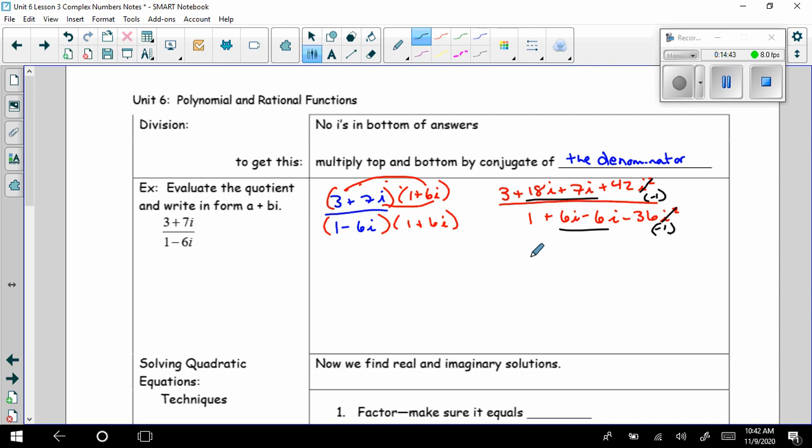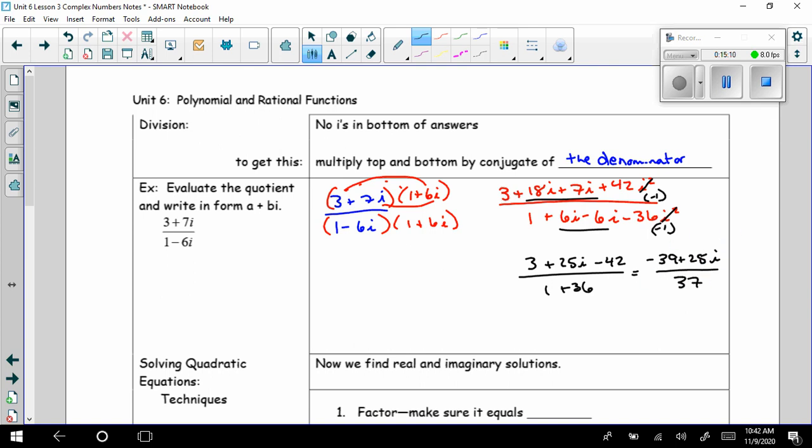And so we end up with 3 plus 25i minus 42 over 1 plus 36. Simplifying one more time, putting this in standard form, we have negative 39 plus 25i over 37.